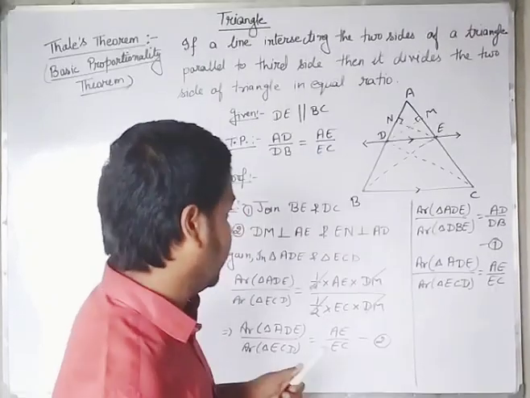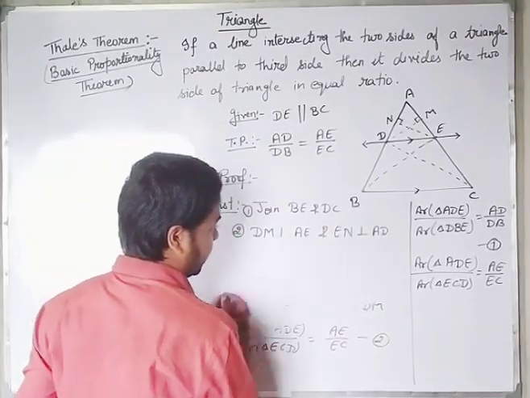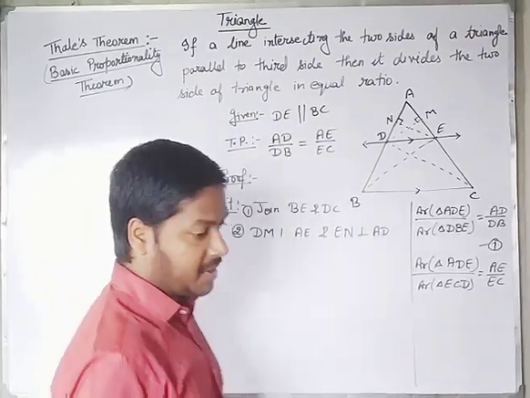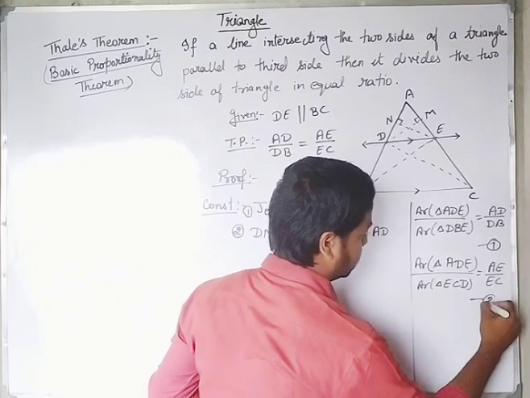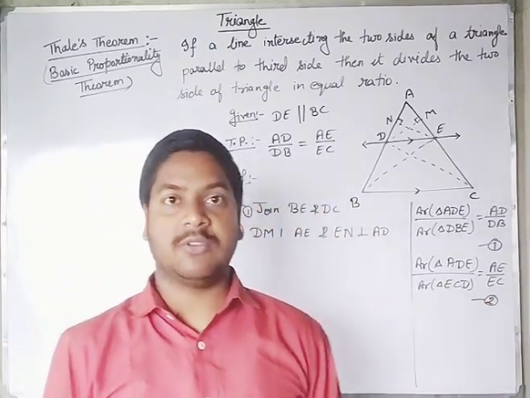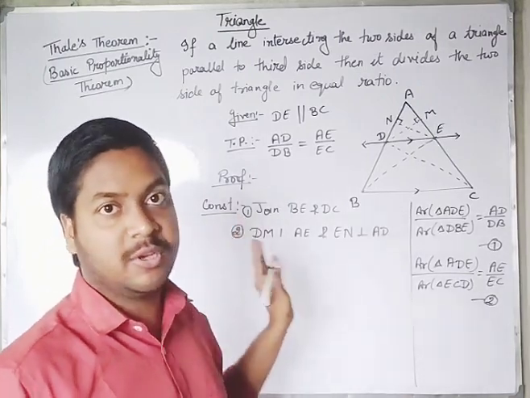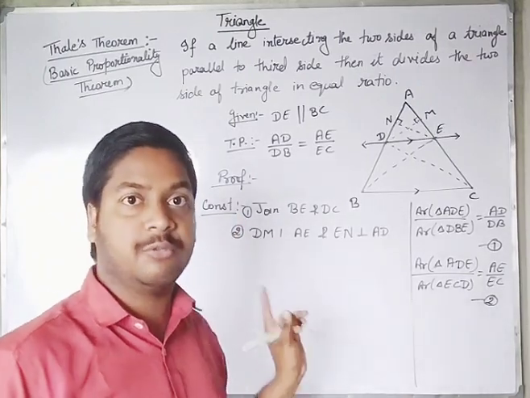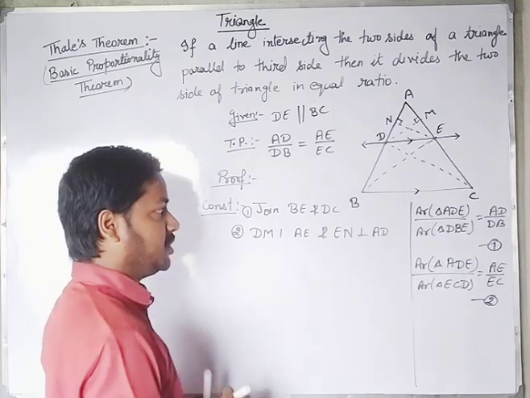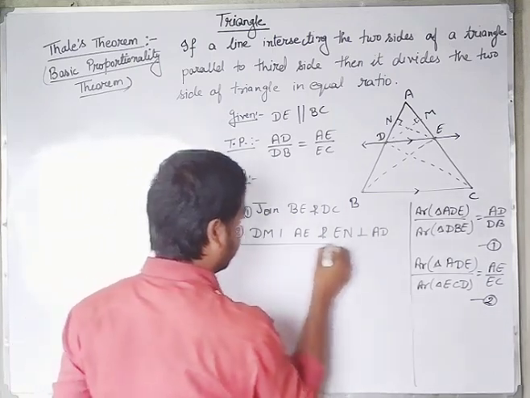Now we need to write one more statement. The statement that I am going to write is the most important statement. If this theorem comes in your examination, then you need to write that statement.